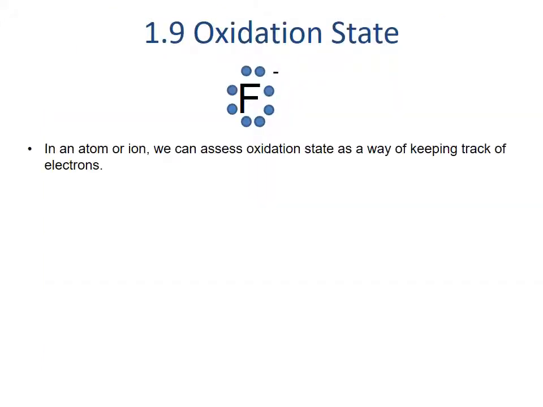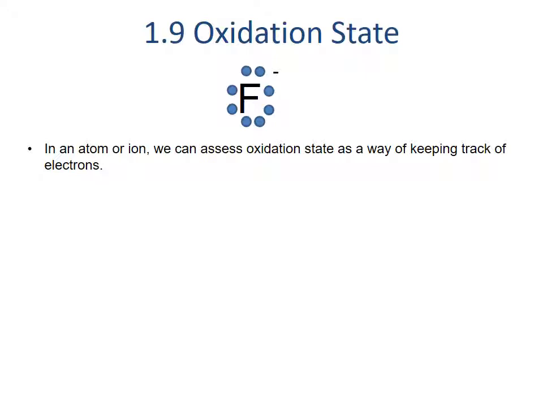In an atom or an ion, we can assess oxidation state as a way of keeping track of electrons. Since many of our electrons involve pluses and minuses, finding their happily ever after, we often try to manipulate the charge on an atom. When you change the number of electrons associated with an atom, this is called a redox, or short for reduction oxidation reaction. To keep track of electrons in these situations, we use the concept of an oxidation state.